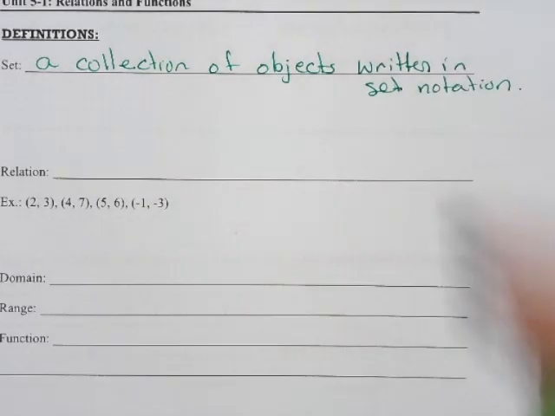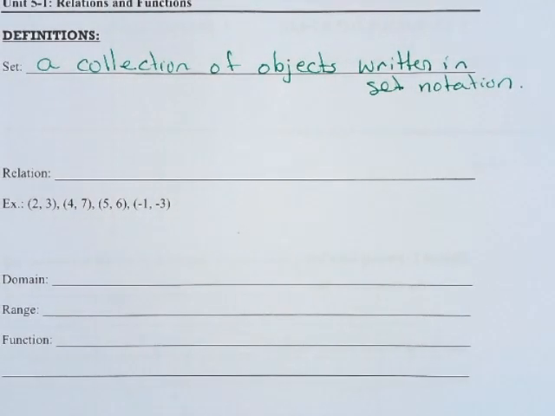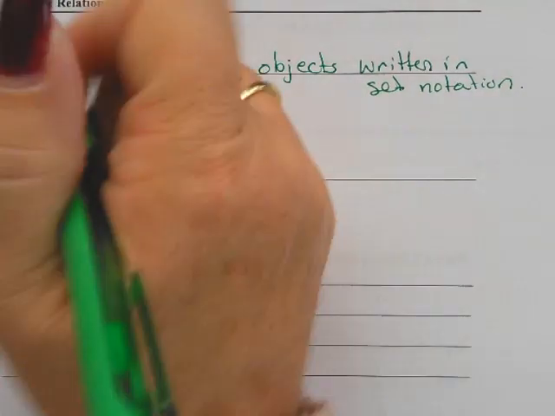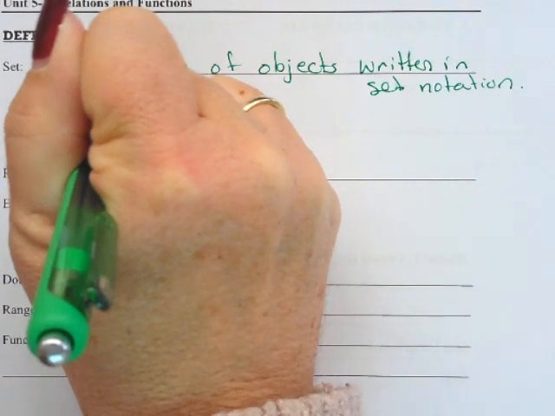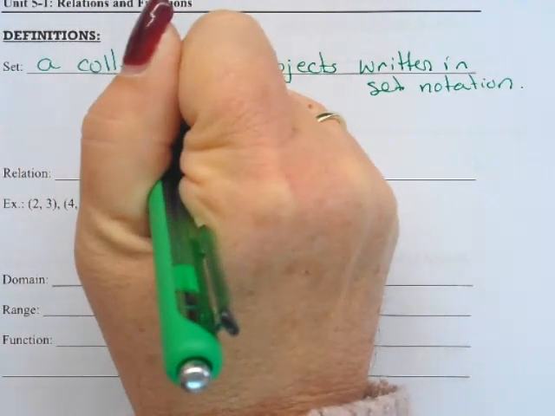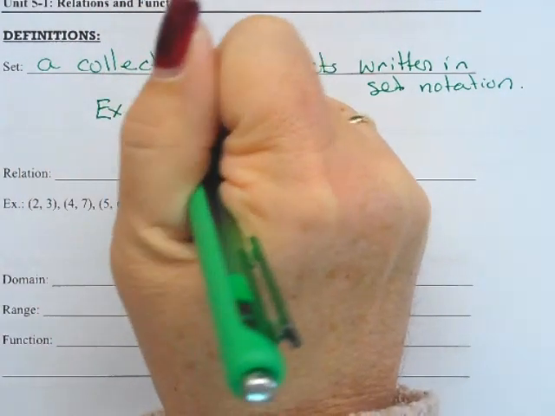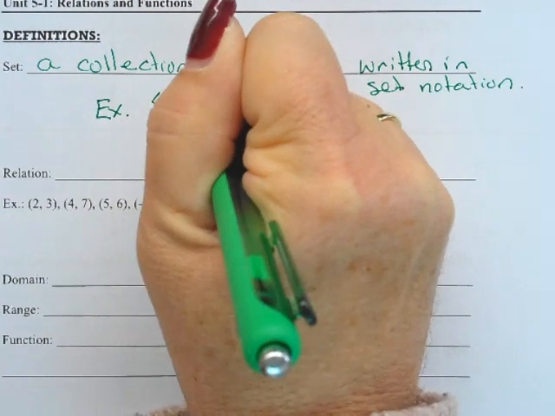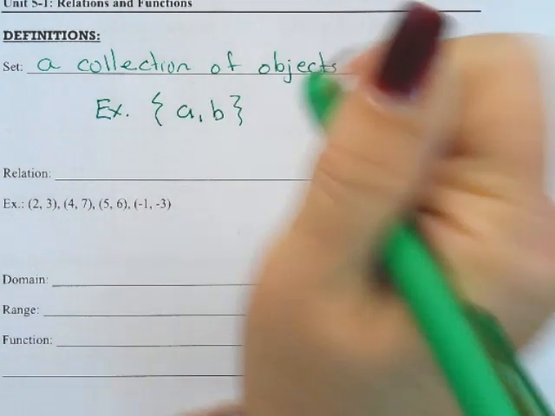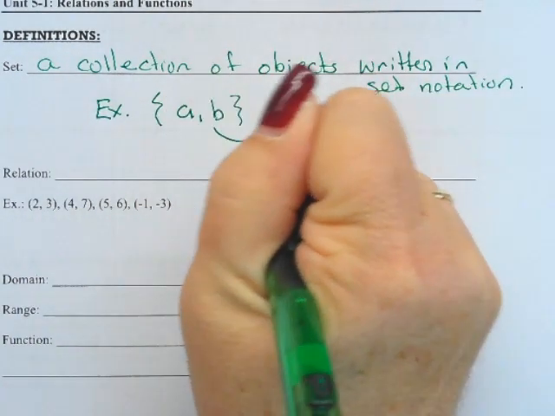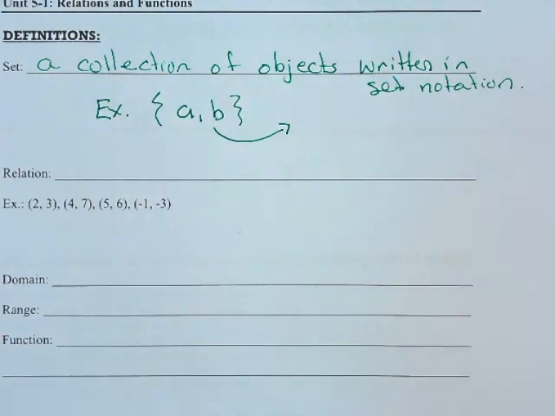All right, so how do we write set notation? We've done it. All you're doing is your squiggly lines, and whatever's in your set will be there. Inside our set, anyone know what they're called?